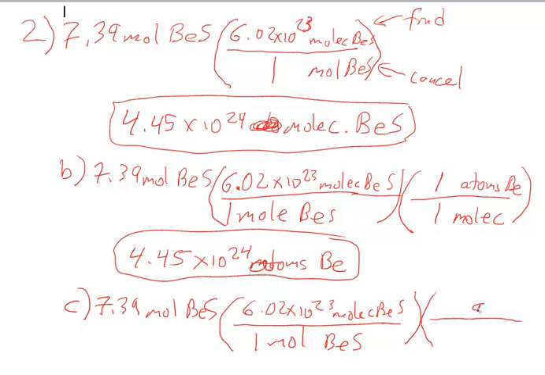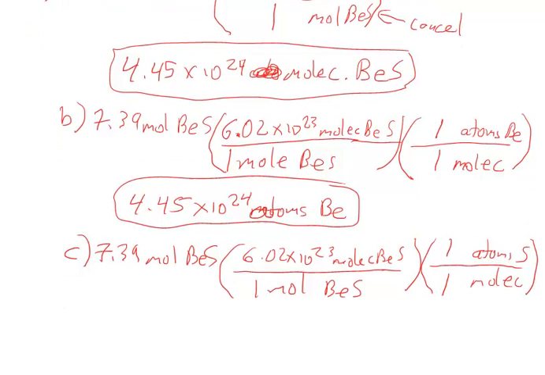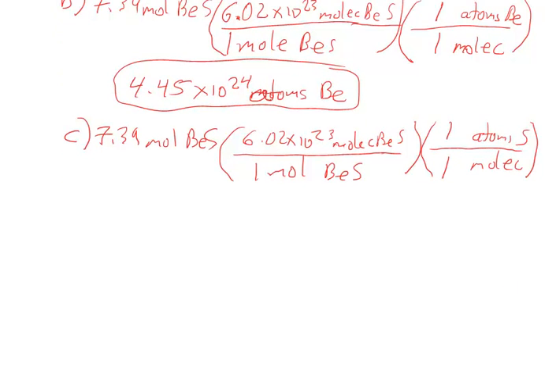In this case, we want to find atoms of sulfur per molecule. And in this case, there would be 1 atom of sulfur for every 1 molecule. So once again, we would get 4.45 times 10 to the 24th atoms of sulfur.